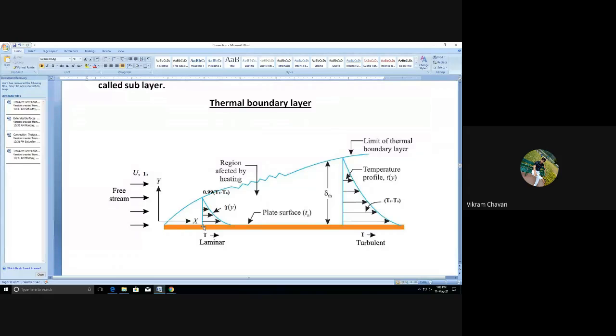Equilibrium means the temperature of that layer is equal to the temperature of the surface, so there will not be any temperature difference.